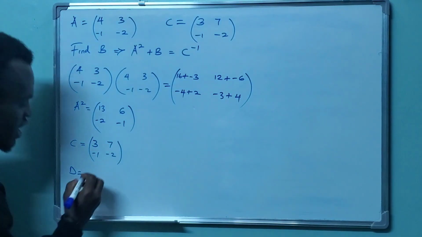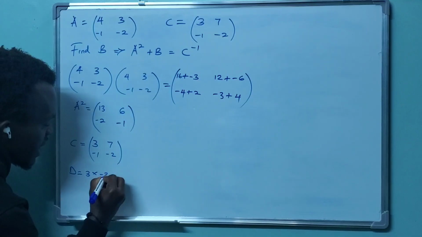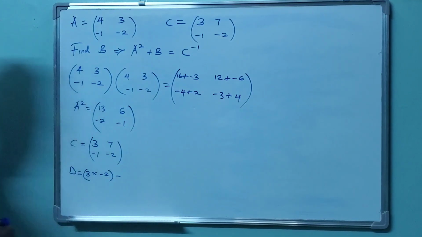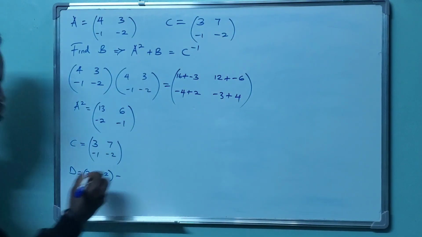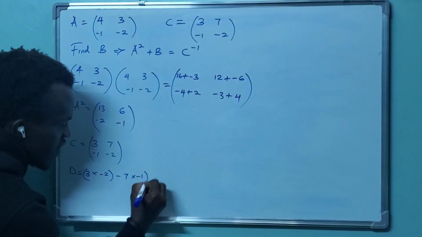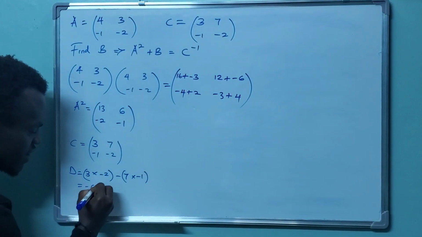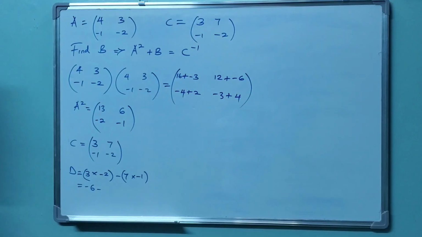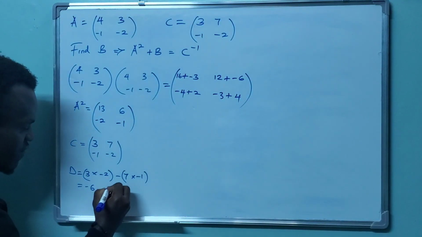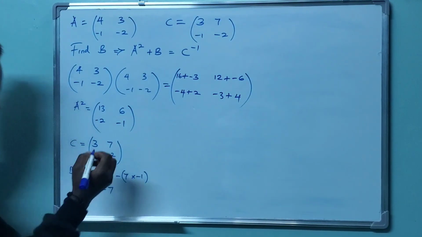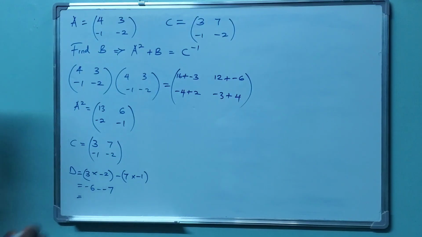The product of the leading diagonal is 3 multiplied by negative 2, subtract the product of the end diagonal, which is 7 multiplied by negative 1. So I'm going to get negative 6, subtract 7 multiplied by negative 1, that is negative 7. Negative 6 plus 7 is 1. The inverse of 1 is just 1.